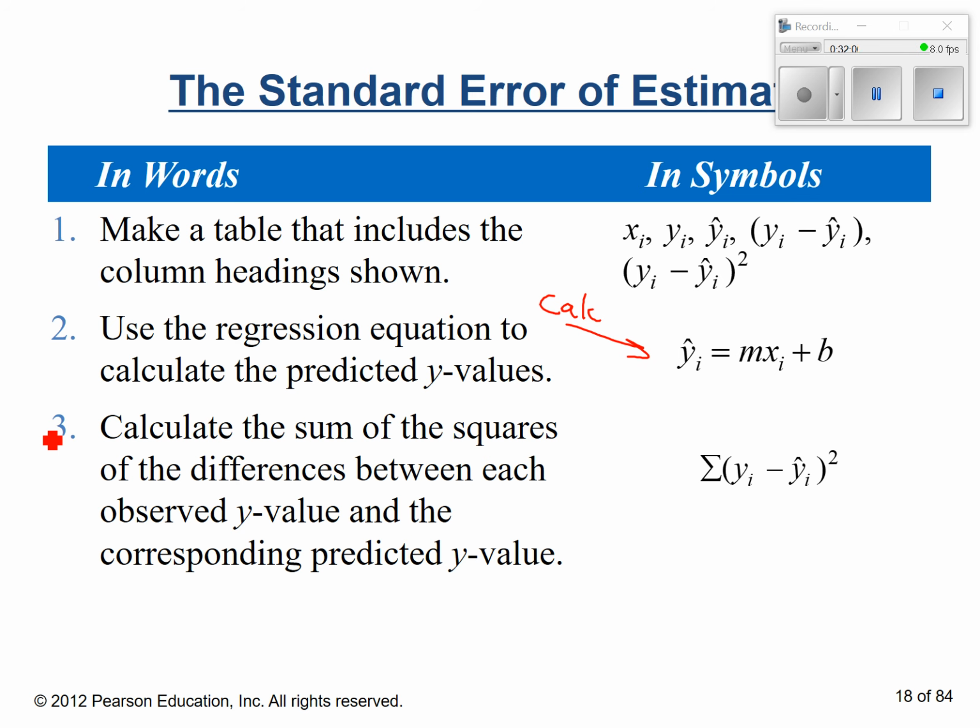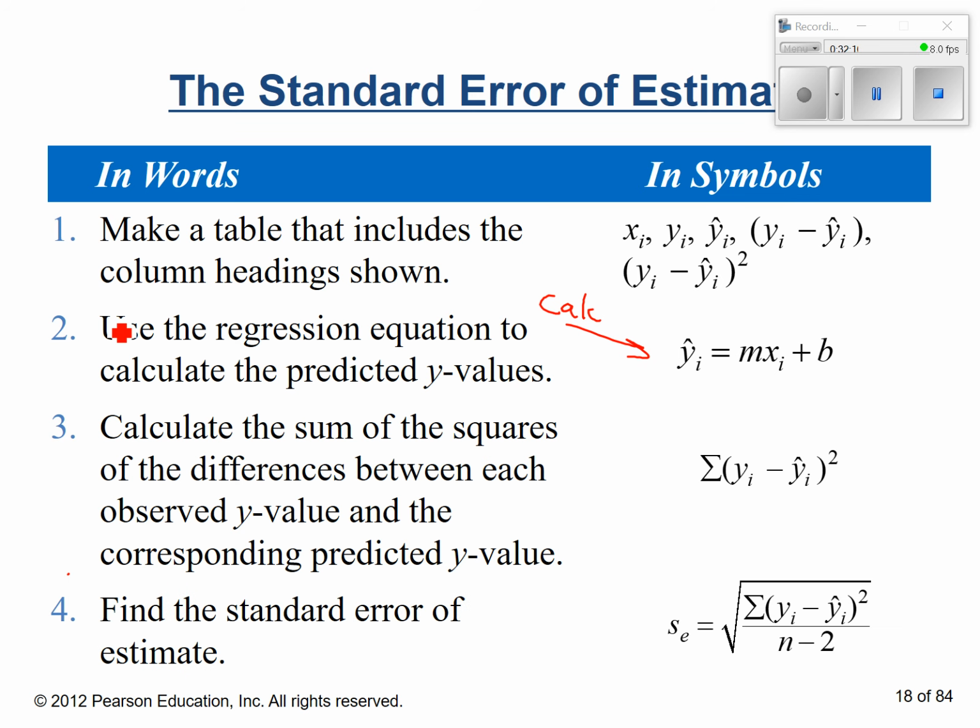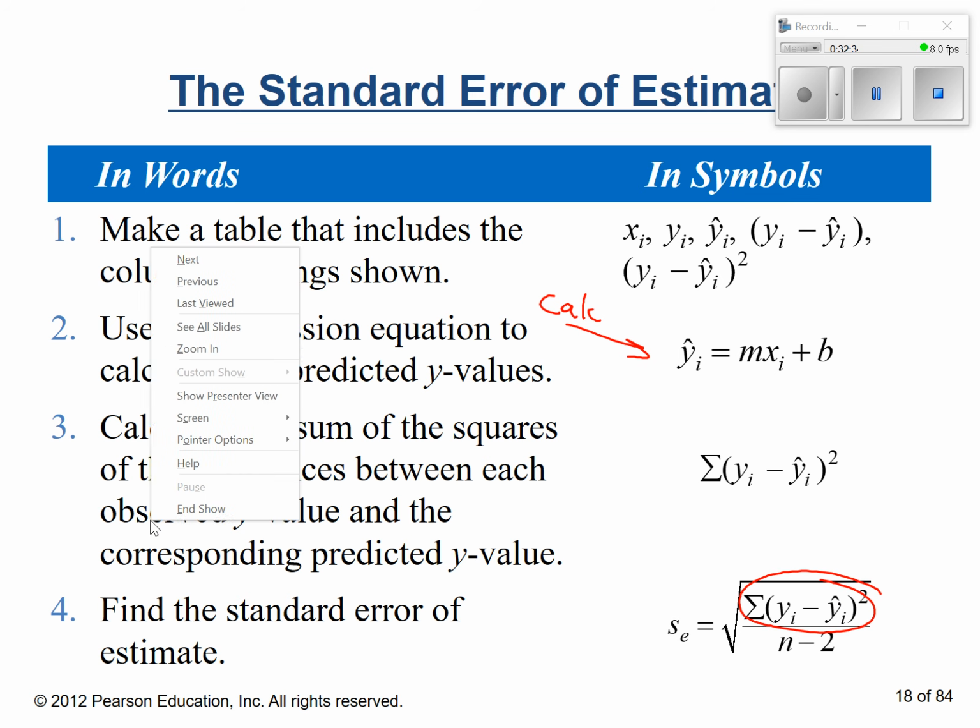This is just doing the chart. Find the standard error of estimate. The chart's going to tell us this top part right here, and then we're just going to do the rest of the math by taking that number that we get from the chart, dividing it by n minus 2, and taking the square root of that, and that tells us the standard error.